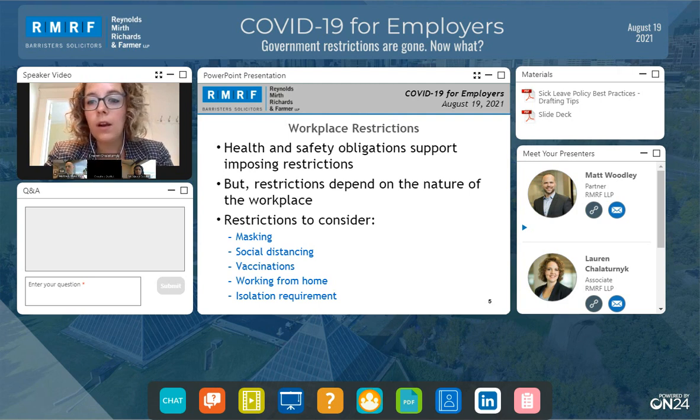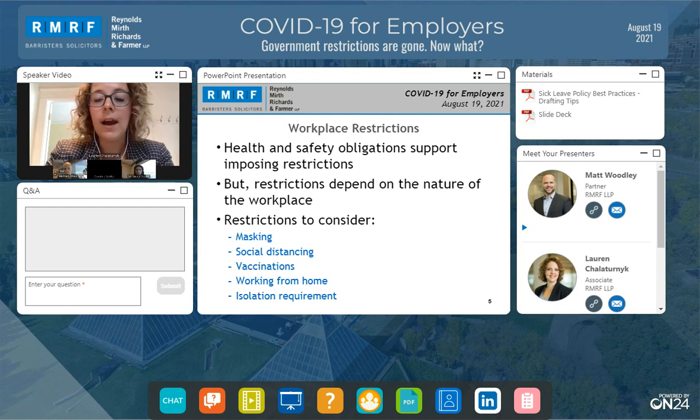So even where we're going into a time where employers and businesses don't necessarily have direction from the provincial government, and they can't necessarily lean on legislation to justify the imposition of restrictions, that doesn't mean that those restrictions can no longer be in place. Again, this is really because of those occupational health and safety obligations.